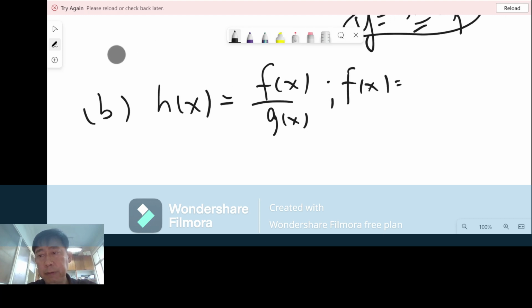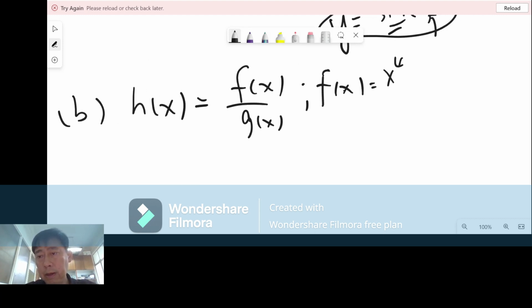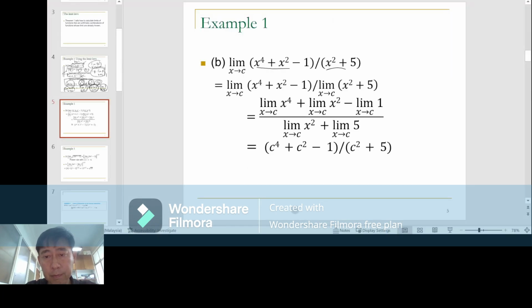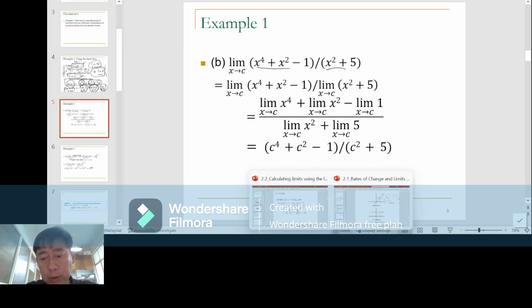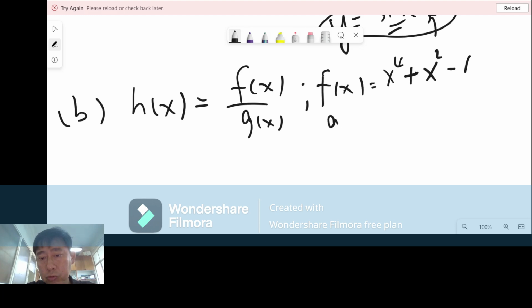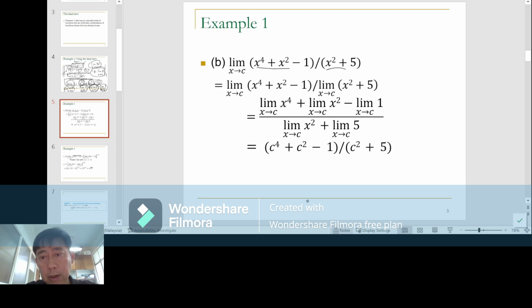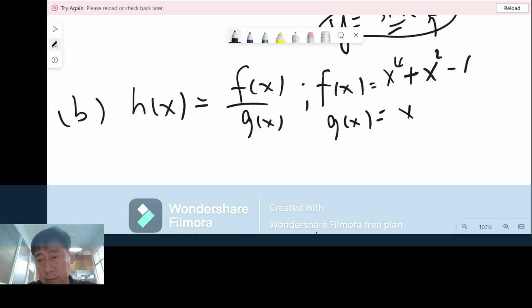So this is x power 4, x squared, x power 4 plus x squared minus 1, and g is another polynomial function, x squared plus 5. I have to keep on referring because I don't have very good memory.